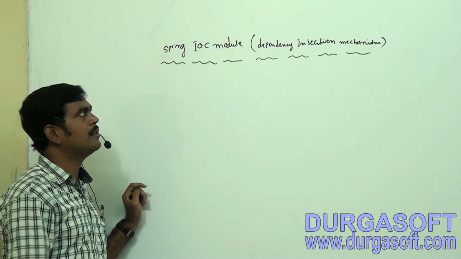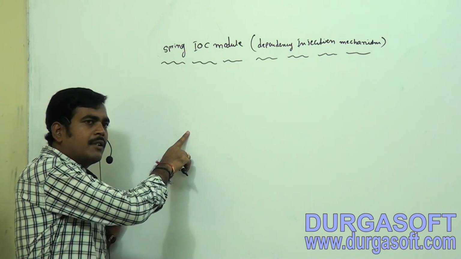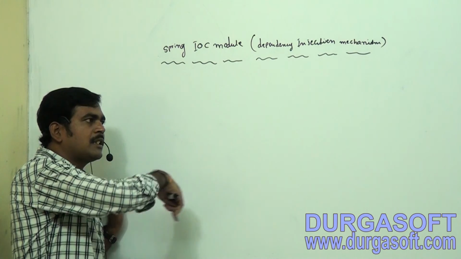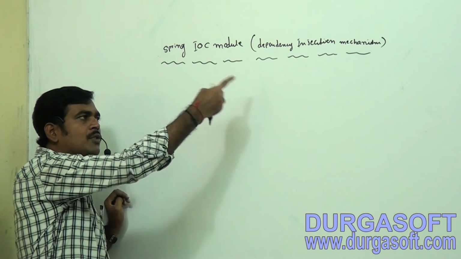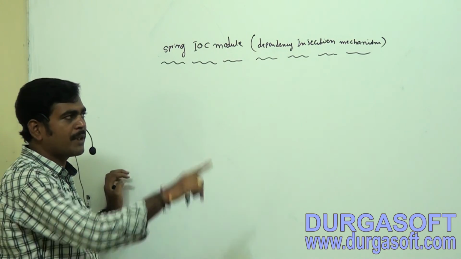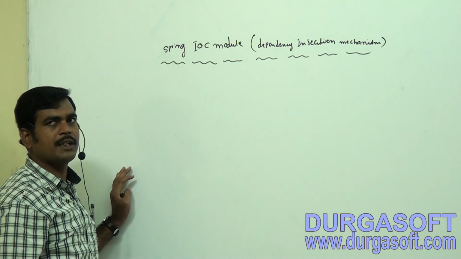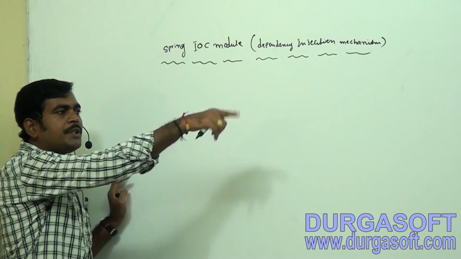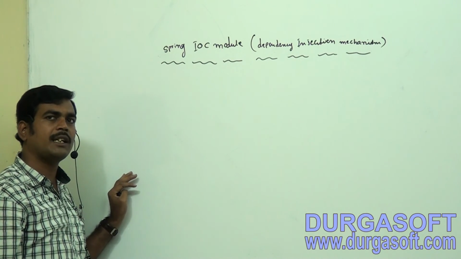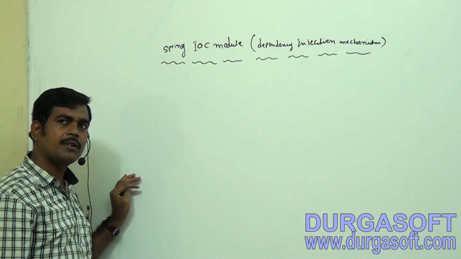As a Java programmer, as a Spring programmer, your responsibility is to implement the business components, but object creation is taken care of by the Spring framework, and the Spring framework gives those objects to our application. Giving the objects to our application is nothing but inversion of control.